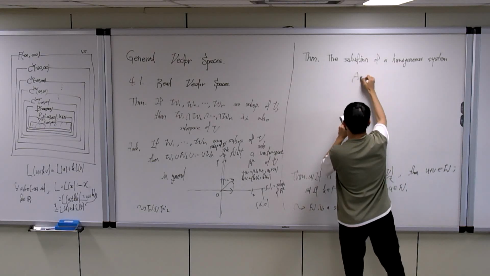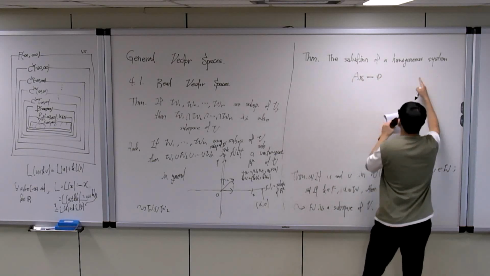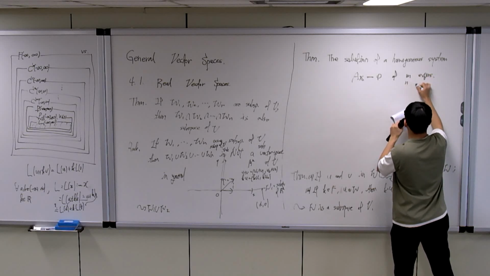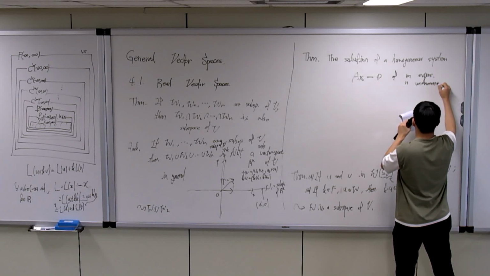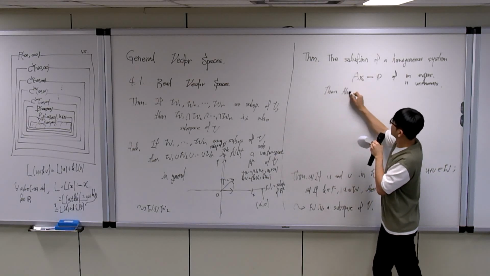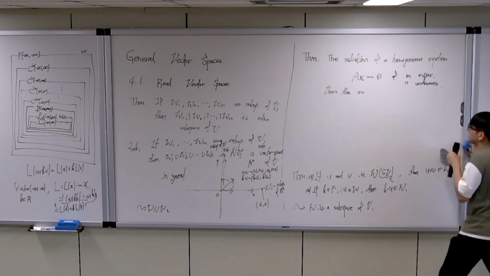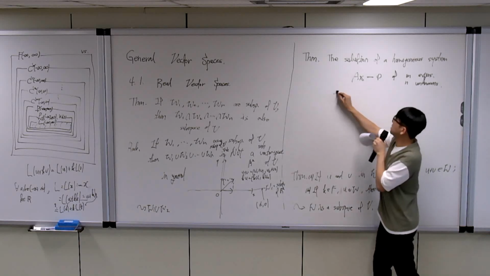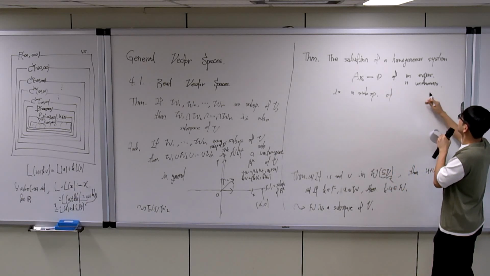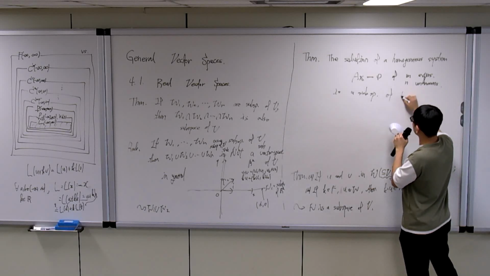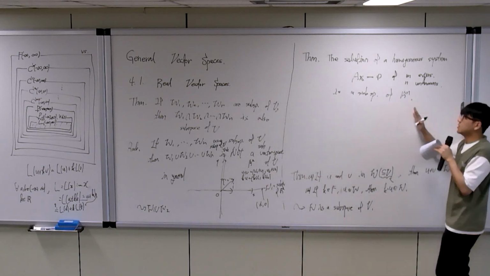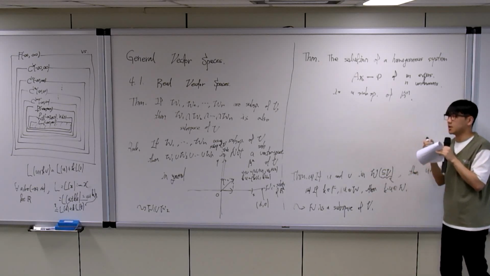When you consider the homogeneous system of n equations and n unknowns, then its solution set is a subspace of R to the n.